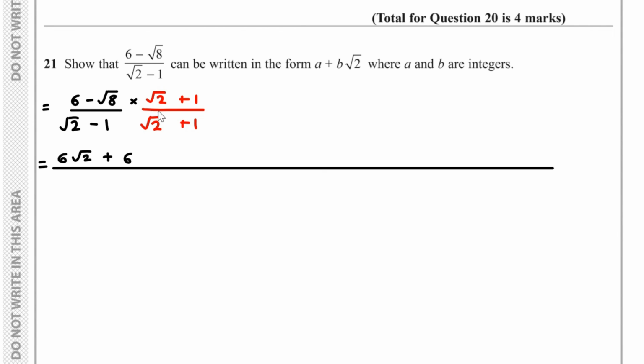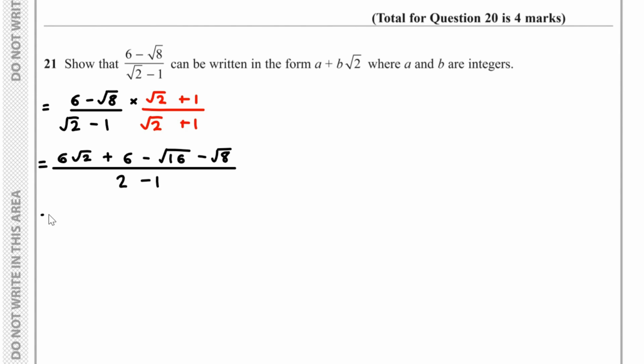Then we've got minus root 8 times root 2, that's minus root 16. And then we've got minus root 8 times 1, that's minus root 8. And then on the bottom, we've got root 2 times root 2, that's just 2. And then we've got minus 1 times 1, that's minus 1. So now we need to tidy all of this up.